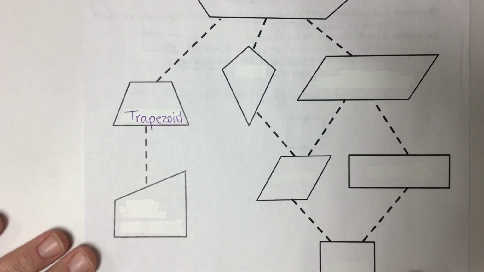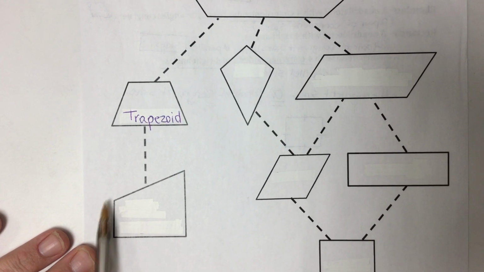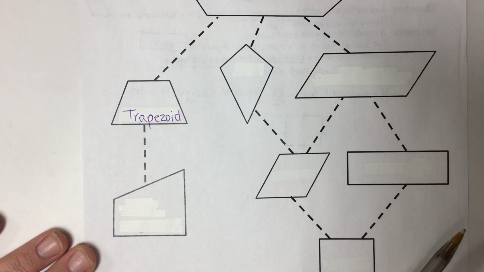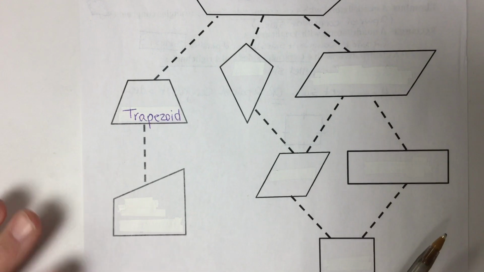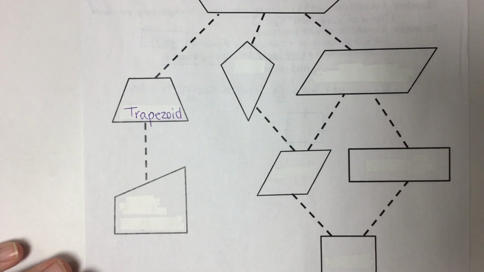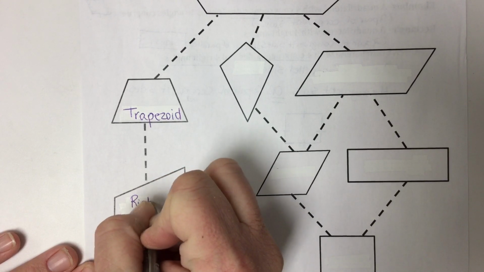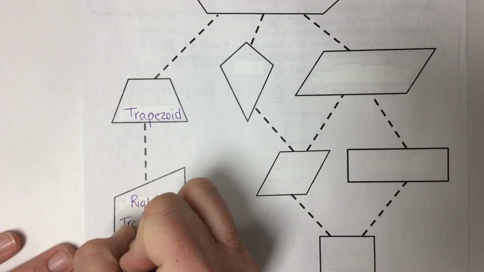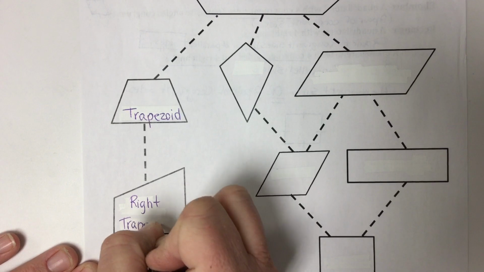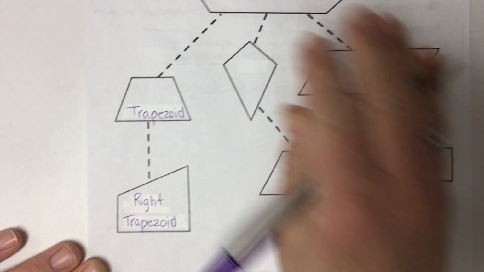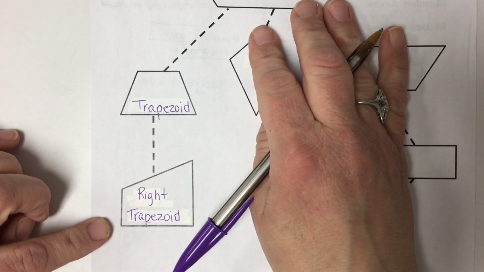This one, looking at the picture, and look back at what we drew, this one would be called the what? The right trapezoid. So there's a good picture of your 2 trapezoids.